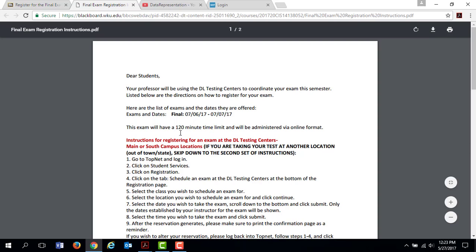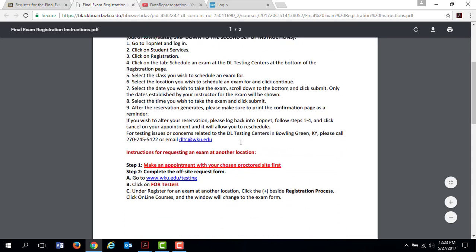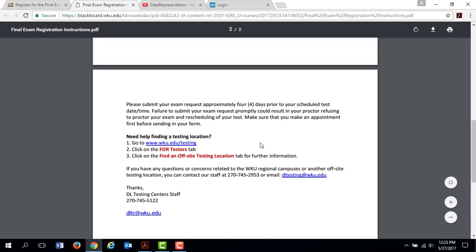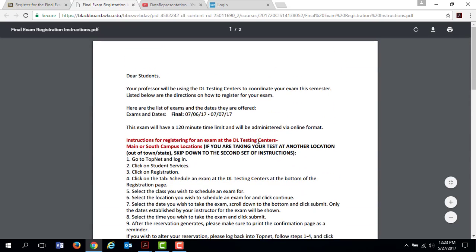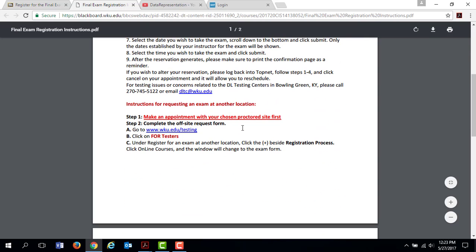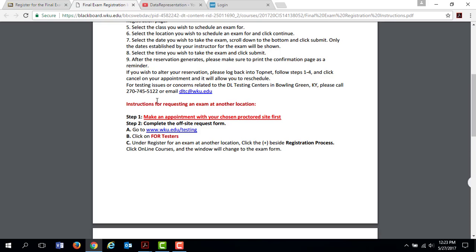You can take as long as 120 minutes to complete it, but it has instructions here for how to register for that test. And it has the phone number for the testing center, so if you want to get a hold of them and say, hey, I'm going to be in Destin, or I'm going to be in Colorado, or I'm going to be in so-and-so at that point, can I take it there?